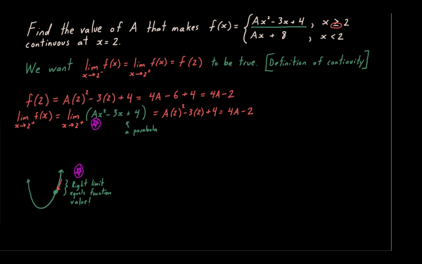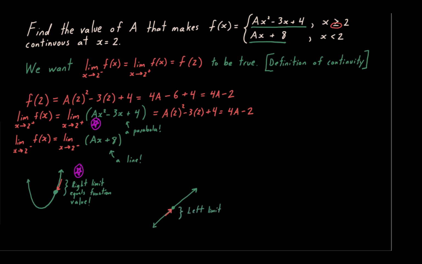On the other hand, for the left limit, which is the final limit we have to deal with, we are approaching 2 from the left. So we're going through x values like 1.9, 1.99, 1.99999. For this approach, we're dealing not with the top piece, but with the bottom piece, the line ax plus 8. The benefit of writing it like that is that we can pretend we are dealing with an entire line.